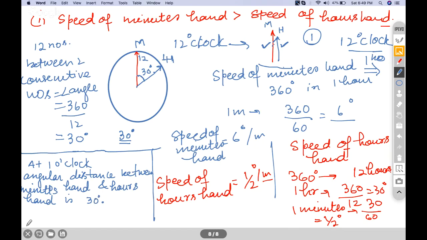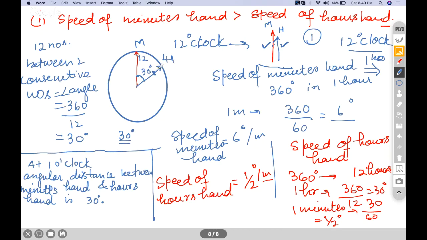Now try to understand, if the minute hand has to catch this hour hand, what will happen? First, the minute hand will have to overcome these 30 degrees, which is the initial distance, but it will not catch it up at 1 o'clock. Look at my statement.